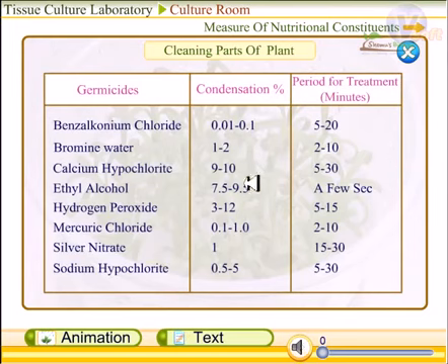Now these are the compositions of the contents which help to clean our parts: benzalkonium chloride, bromine water, ethyl alcohol, hydrogen peroxide, mercuric chloride, silver nitrate, sodium hypochlorite, and all these solutions in the desired amounts and for the desired time, which help to sterilize all the regions of the plant, free from other microorganisms.